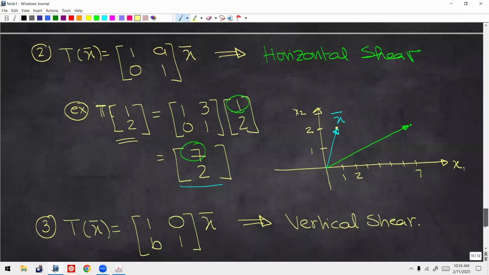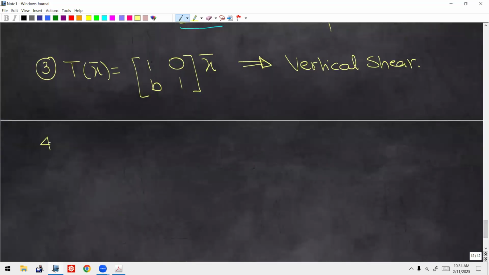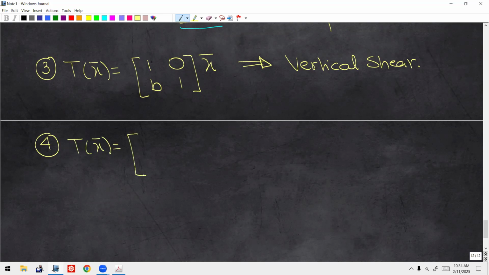And I'll do one last one, which is the interesting one. I like this one. Okay, so this one, we have T of X is equal to, this is going to be interesting. We have cosine of theta, minus sine theta, and then we have sine theta, cosine theta, times X. And theta clearly is some angle.